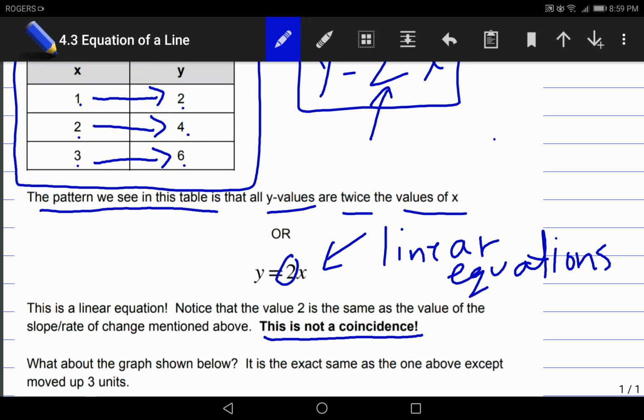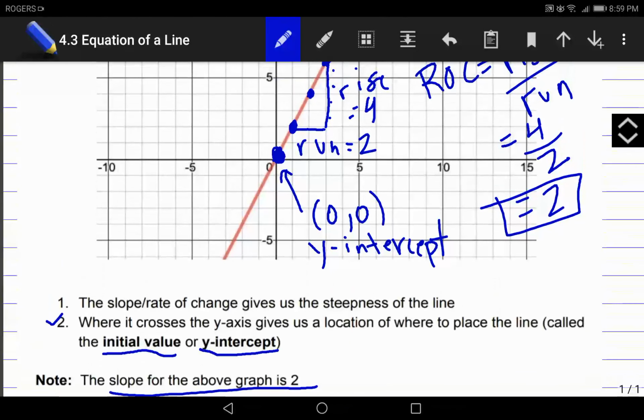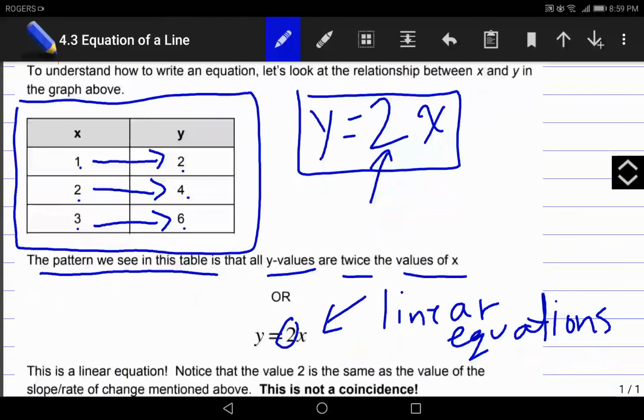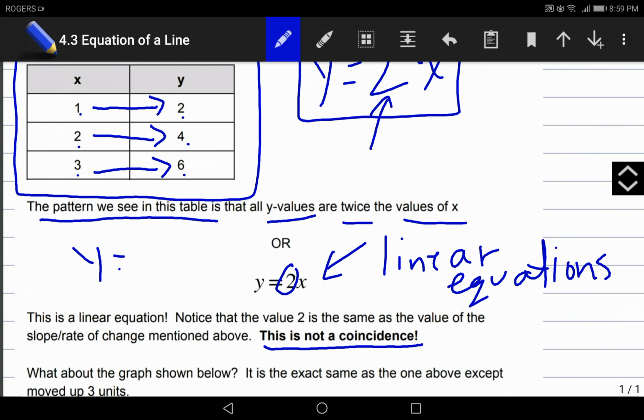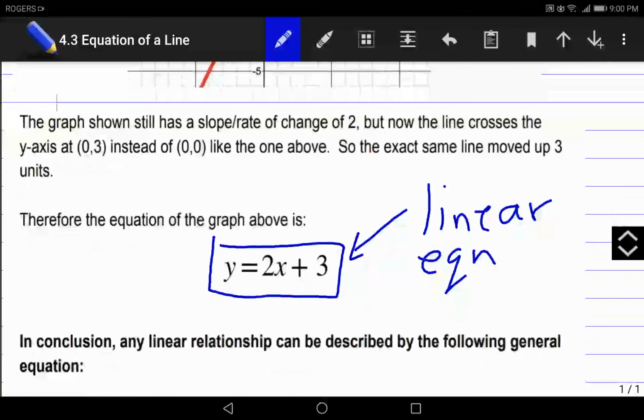That's because the y-intercept, instead of being 3, is just a 0. So realistically, we could have written it as y equals 2x plus 0, but you don't need to show the plus 0 there. So you would just write it as y equals 2x. But down here, because the y-intercept was 3, it's an actual value, we had to put plus 3.